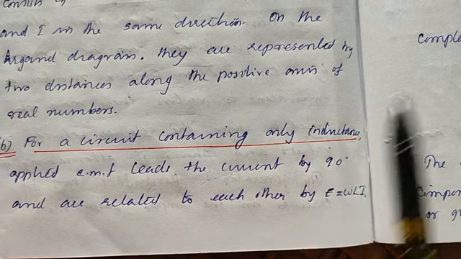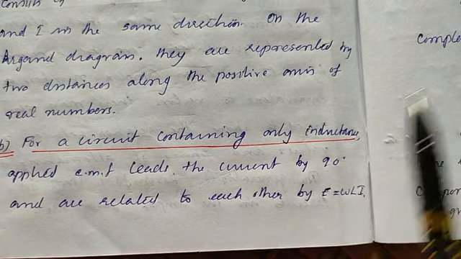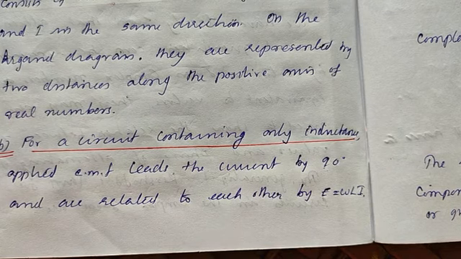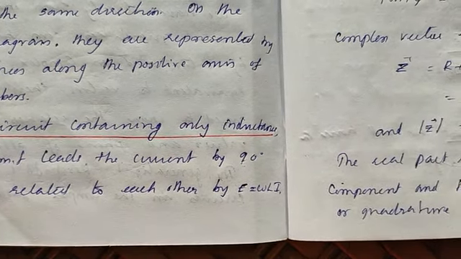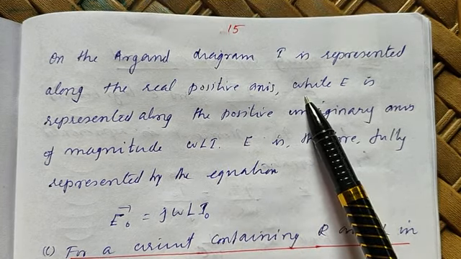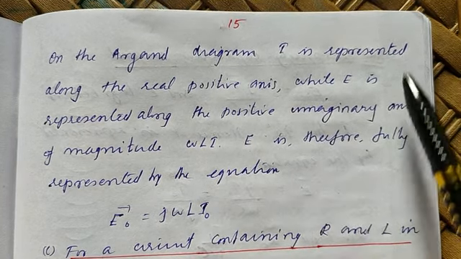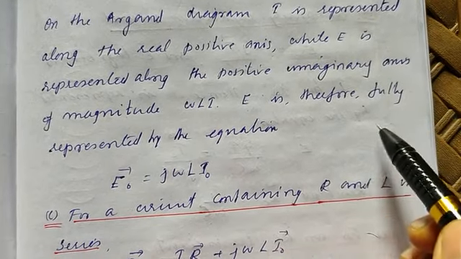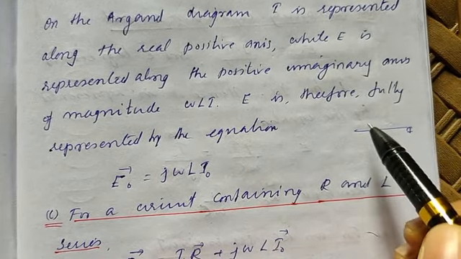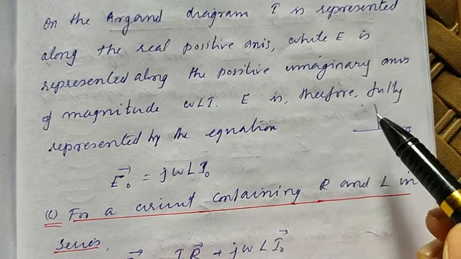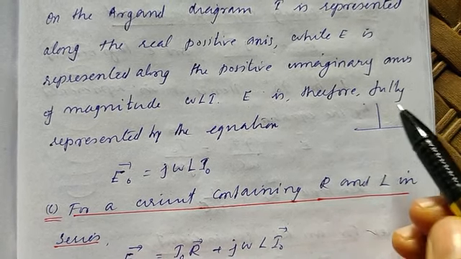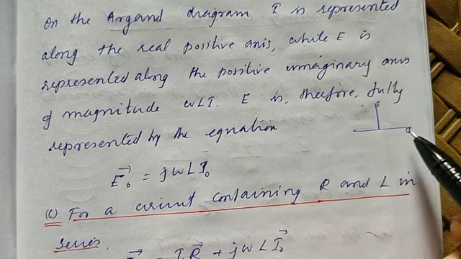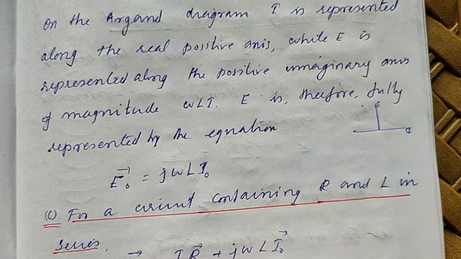So in a purely inductive circuit, the applied EMF always leads the current by 90 degrees, and E and I are related by the relation E is equal to omega L into I. In the Argand diagram, I is represented along the positive real axis while E is represented along the positive imaginary axis, which means E leads I by 90 degrees.